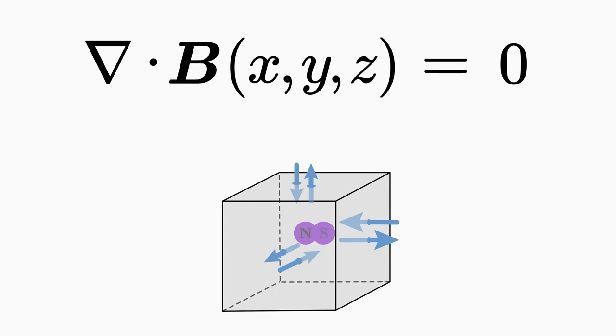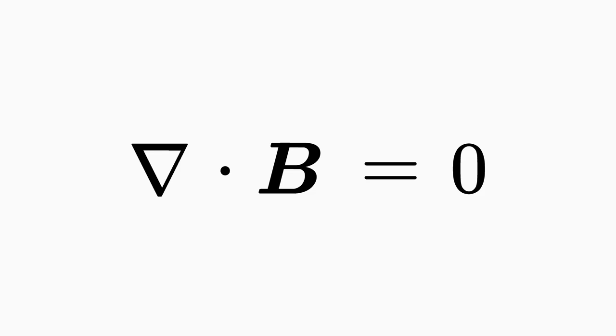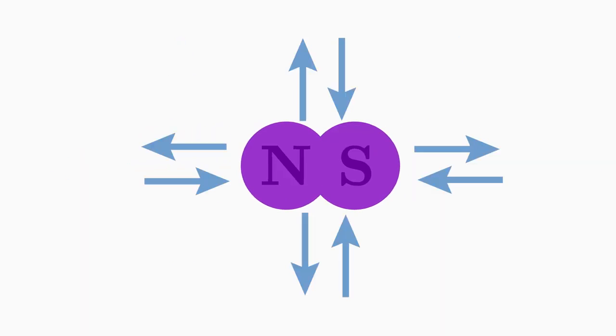The north pole corresponds to a positive magnetic charge, and the south pole corresponds to a negative magnetic charge. Since there are no magnetic monopoles, there are no separated sources and sinks of the magnetic field. The second Maxwell equation in differential form states that there are no magnetic monopoles that generate a magnetic field. Only magnetic dipoles can exist.